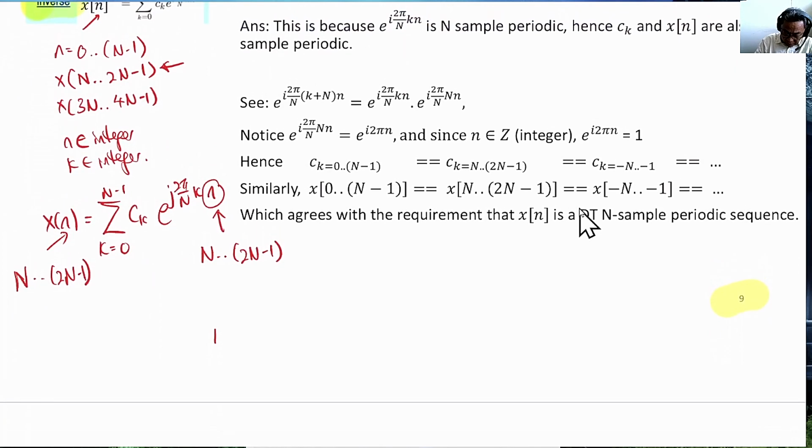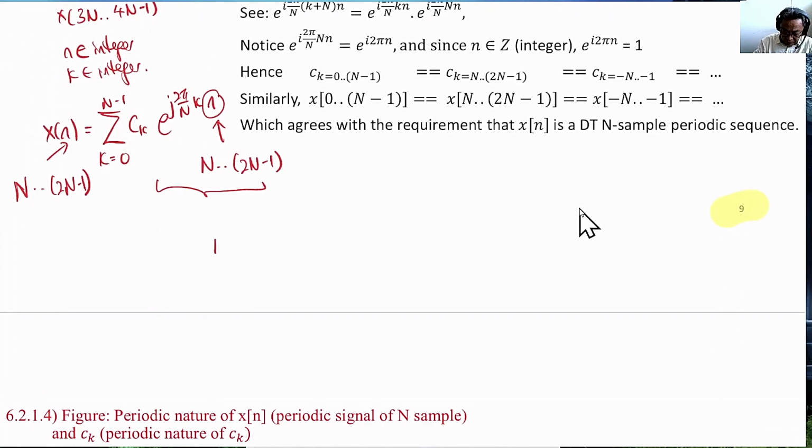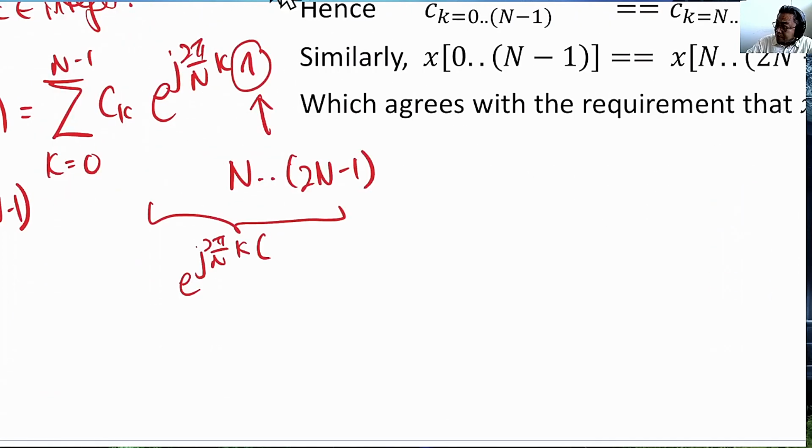Let's examine this equation here. When we examine from big N, we can write it as, for example, n equals N plus q, where q will be from 0 to N minus 1.